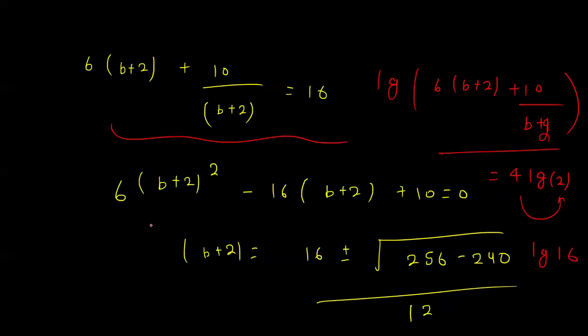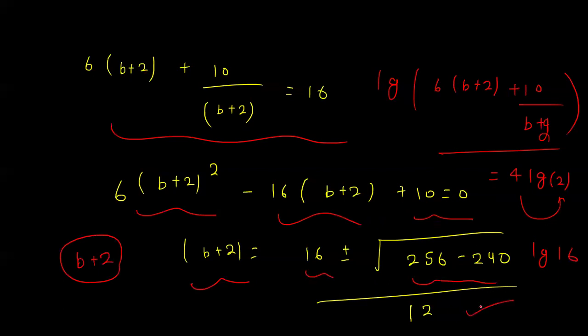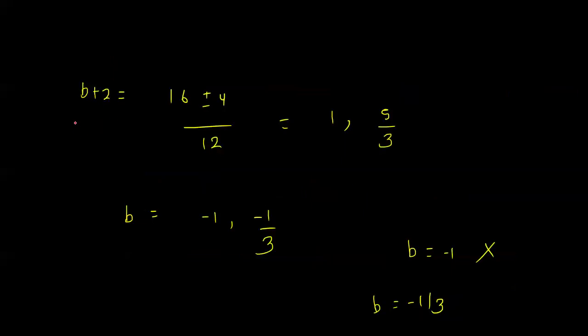After making the quadratic, 6 times b plus 2 whole square minus 16 times b plus 2 plus 10 equals 0, you can find the possible values of b plus 2, like minus b plus minus root of b square minus 4ac divided by 2a. So b plus 2 values come like this: with the positive sign it becomes 20 divided by 12, and if you take negative, it becomes like this. In one case it is coming 1, and in the other case it is coming 5 by 3.